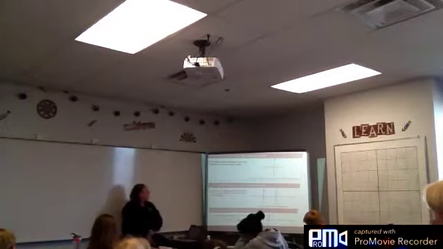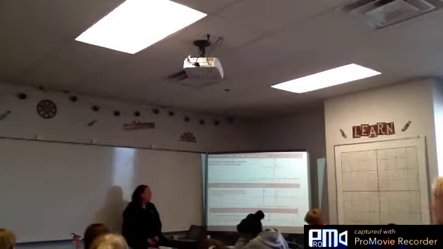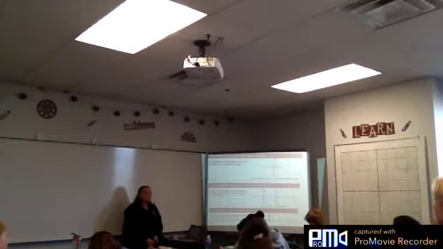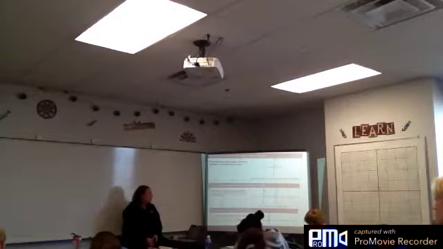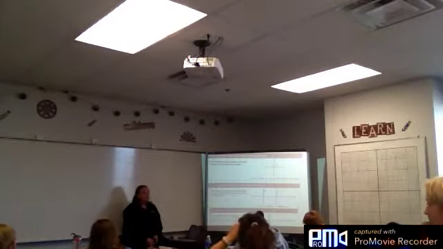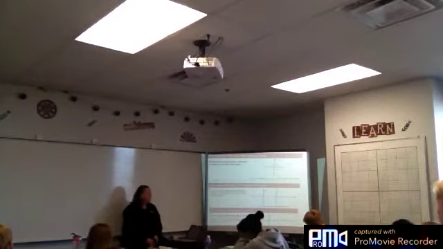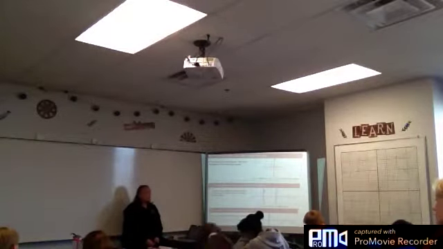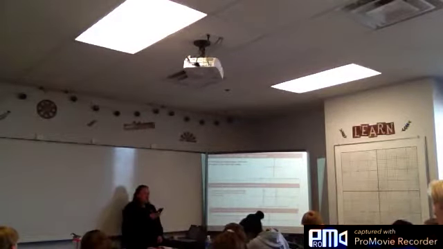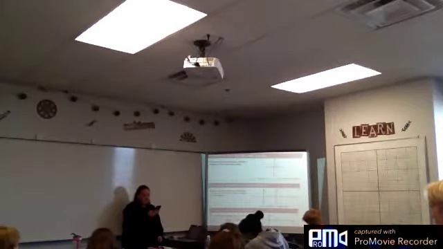Lines perpendicular to a transversal theorem. What's a transversal? A line that passes through two parallel lines. If two lines in a plane are perpendicular to the same line, then they are parallel. It's another way to prove that lines are parallel, which then allows me to do more off of that.